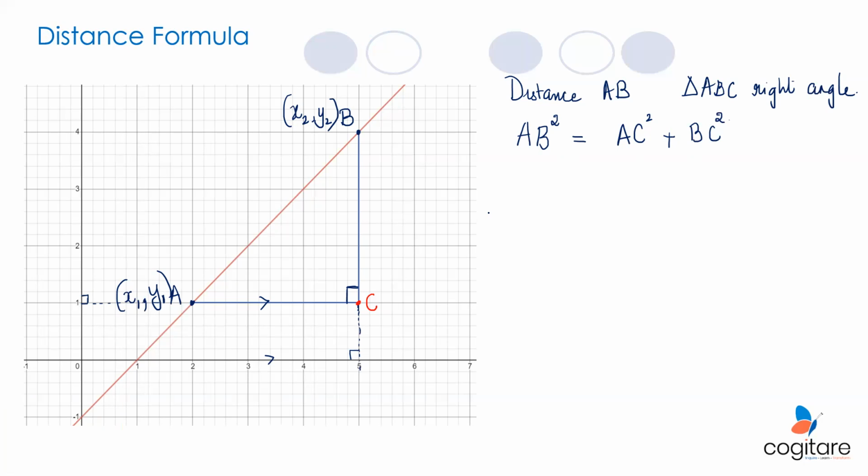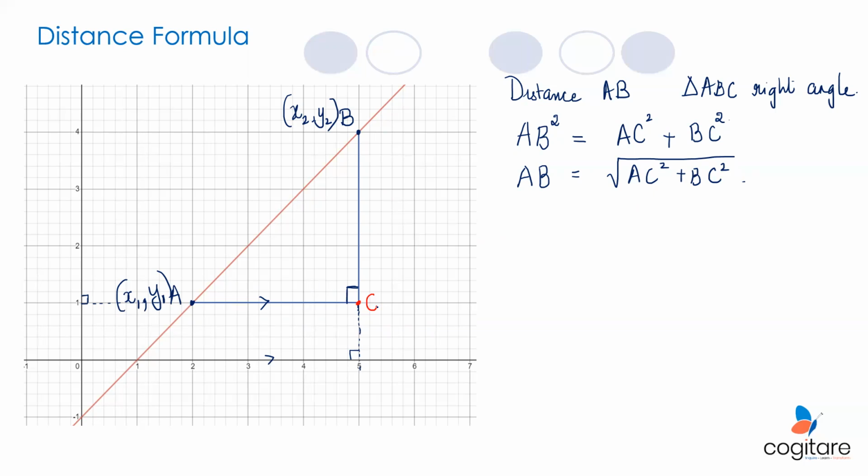Okay, so AB is definitely going to be the root of AC squared plus BC squared. Okay, so in order to substitute the values of AC and BC here, let's find out what AC is.